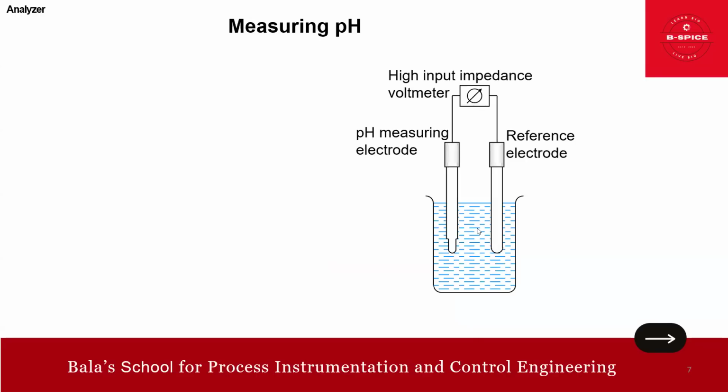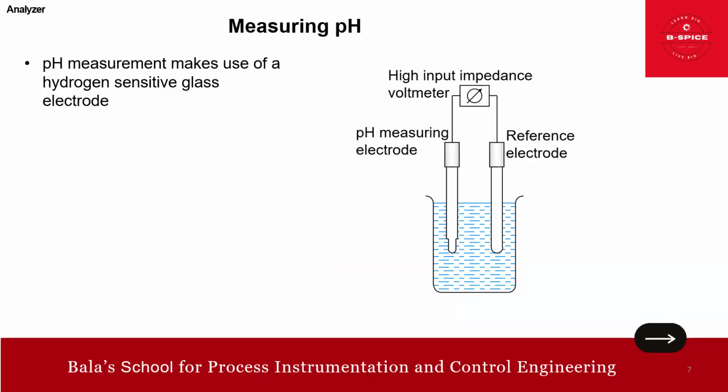So, measuring pH. pH measurement makes use of a hydrogen sensitive glass electrode. You can see here, this is a pH measuring electrode. This is the reference electrode. And here we are measuring the input impedance.